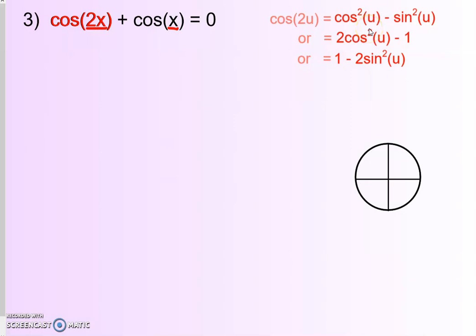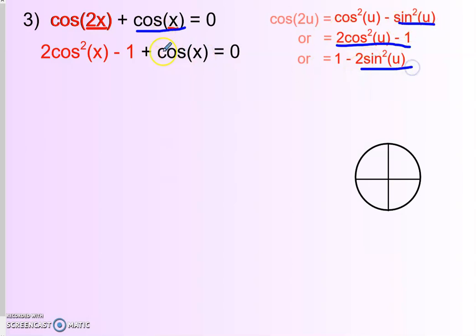And I have 3 choices to replace the cosine of 2x. The one I chose was this one here, because if I'm already dealing with the cosine of x, I'd like to keep all my functions cosine. I don't want to introduce a sine into a problem that has a cosine. I'd rather not mix the two.